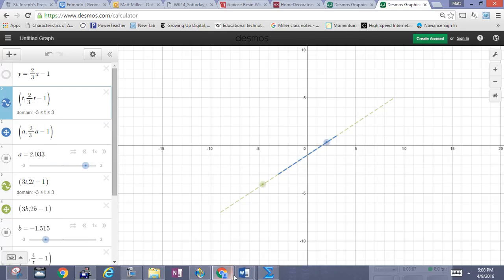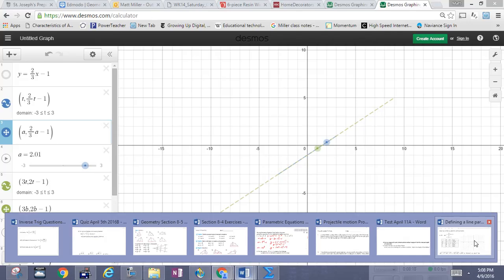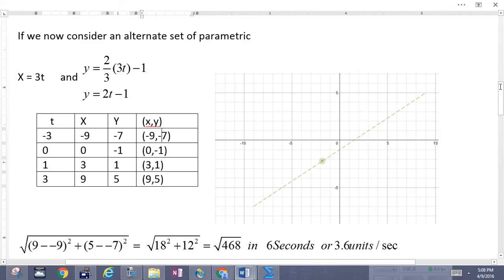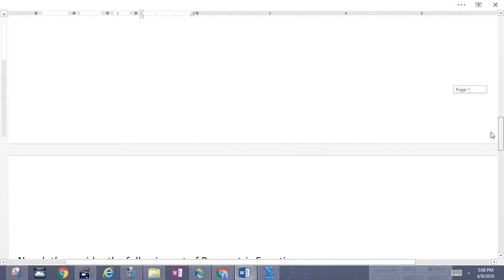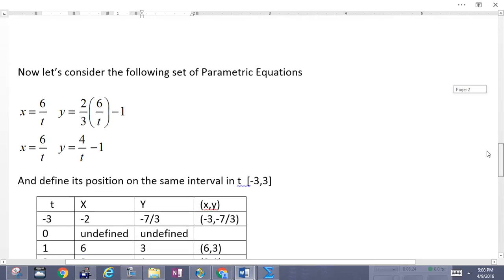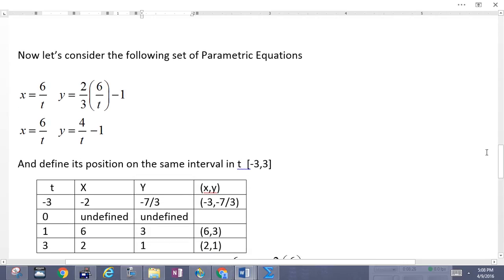Now I want to consider one final interesting version of yet another way of redefining this parametrically. In this case, I want to redefine x as 6 over t, and y as, of course, 2/3 of 6 over t minus 1.